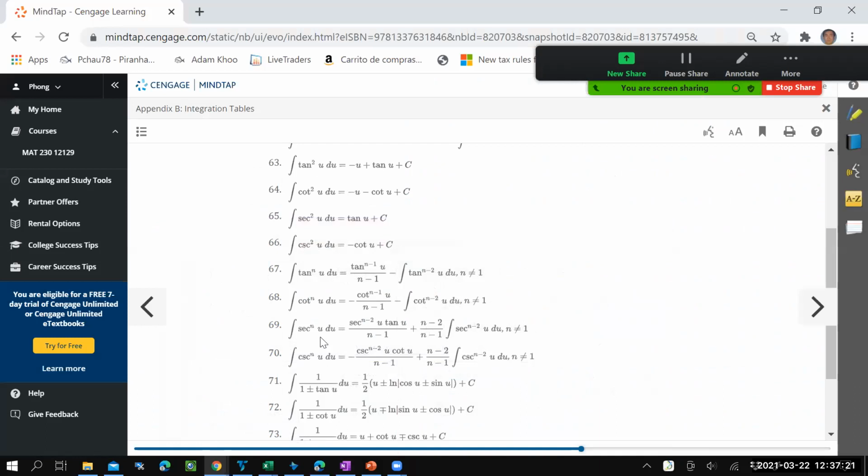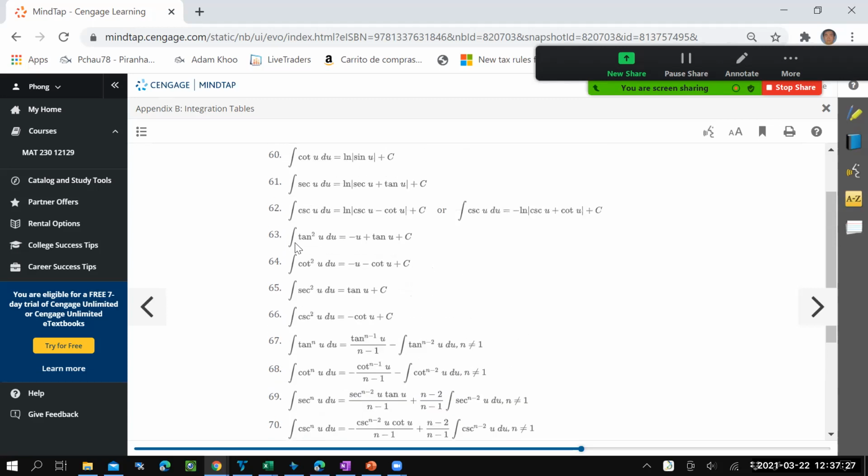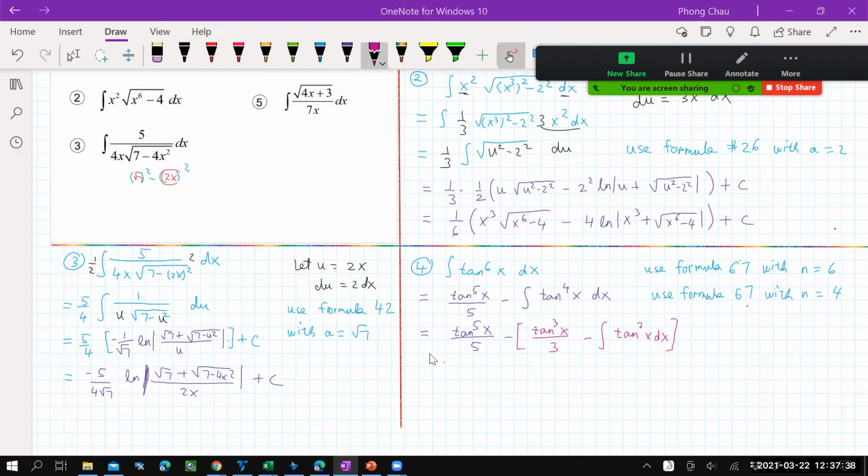Now, if you go check, you can use the same formula 67, but in fact, we do have a shorter formula for the tangent square. It's 63, so we can use formula 63, right? So this integral would become tangent to the 5th of x over 5 minus tangent cubed over 3, minus times minus is positive.